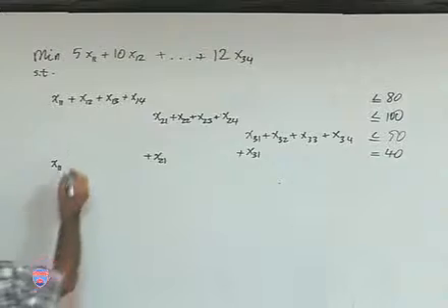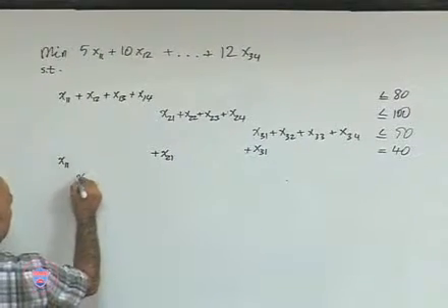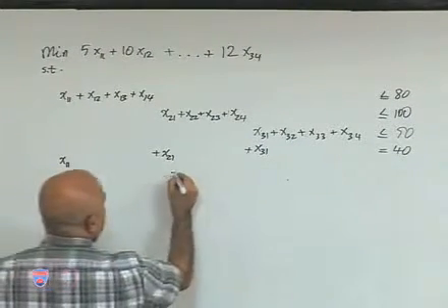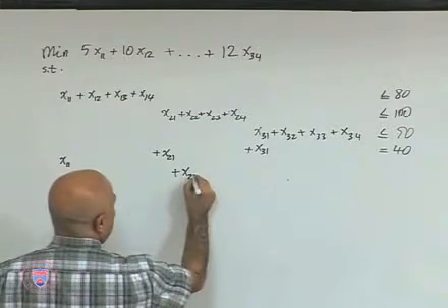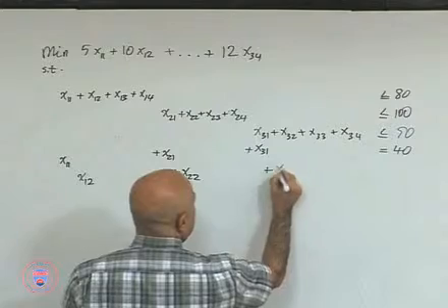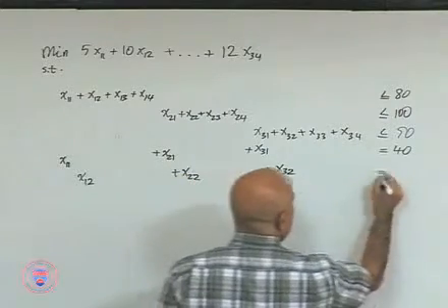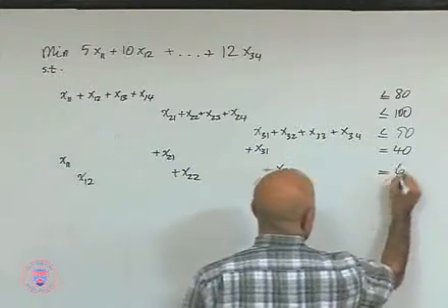The second column, or yeah, the second sink, by the way: x12 plus x22 plus x32 equals 60.